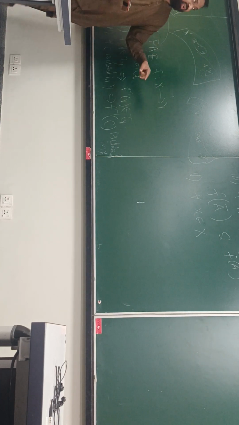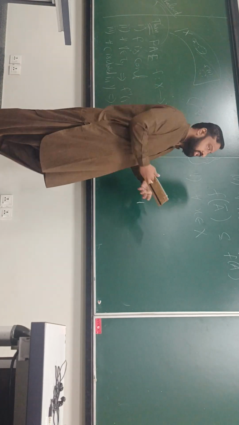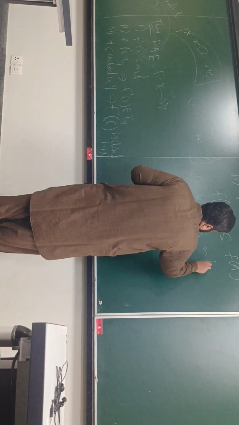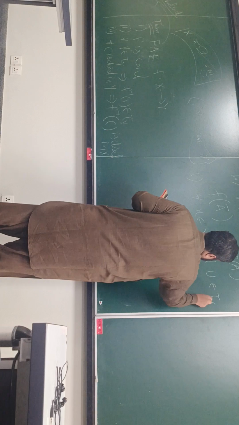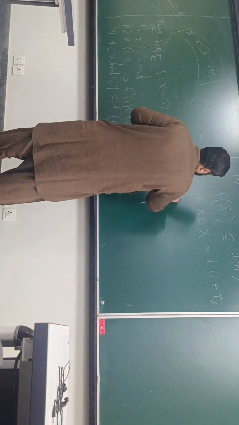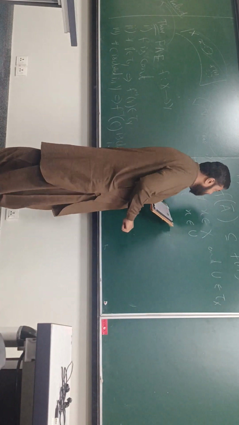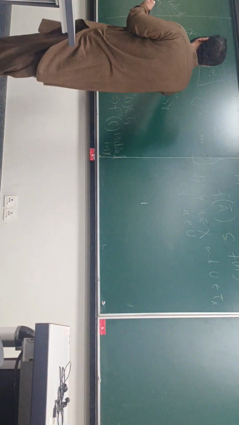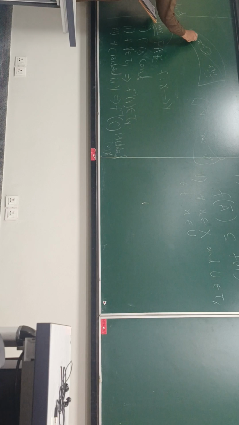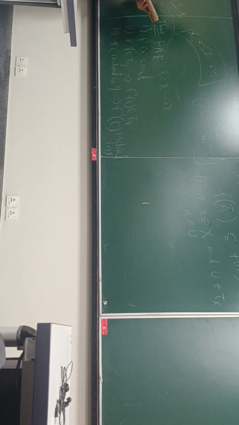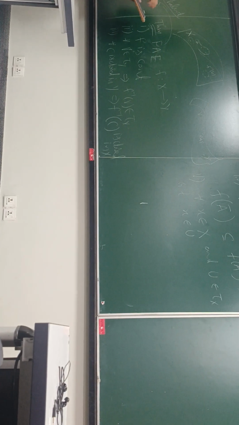But now you are saying that you fix a point and you take an open set from the topology of x such that your point is inside this open set. In other words, I pick a point and I pick an open set that contains that point. Okay?